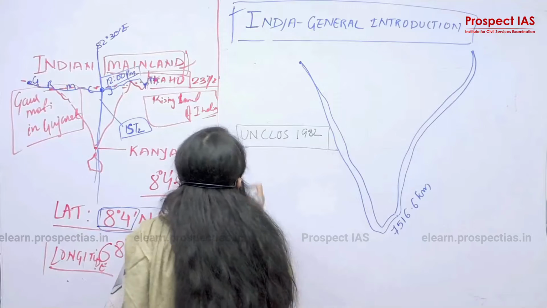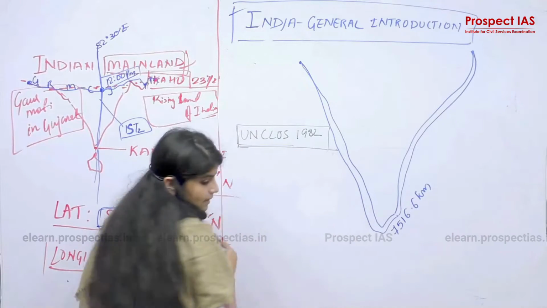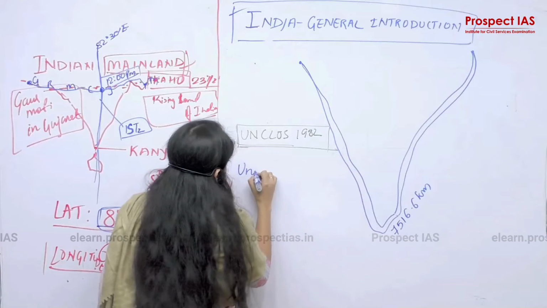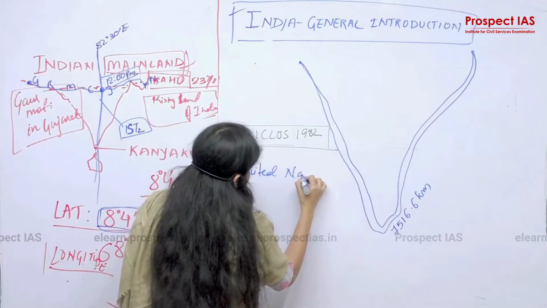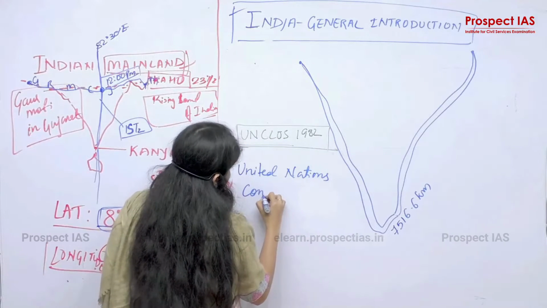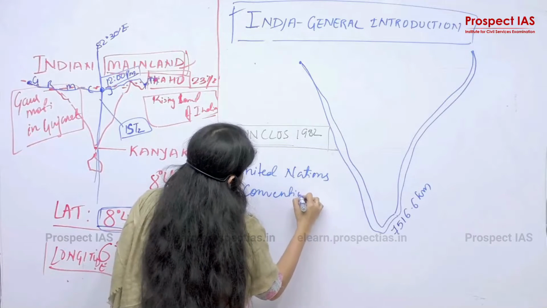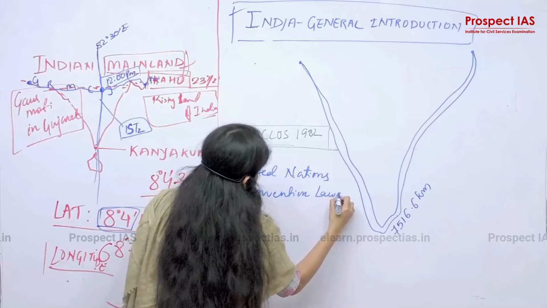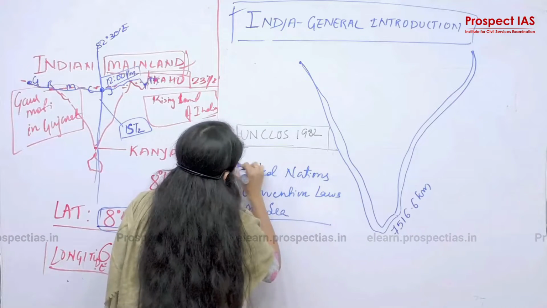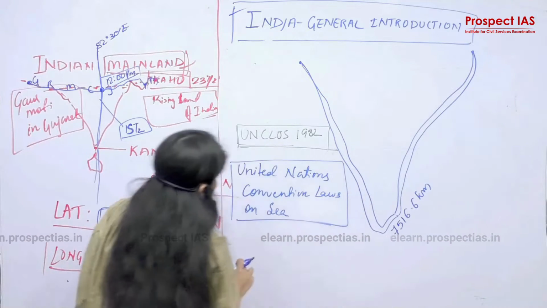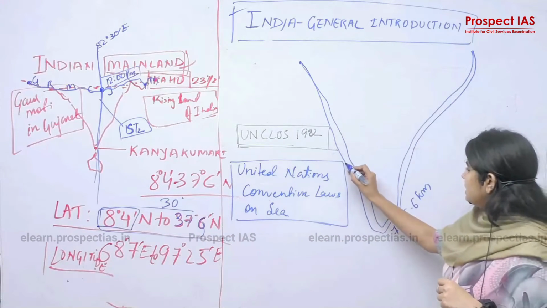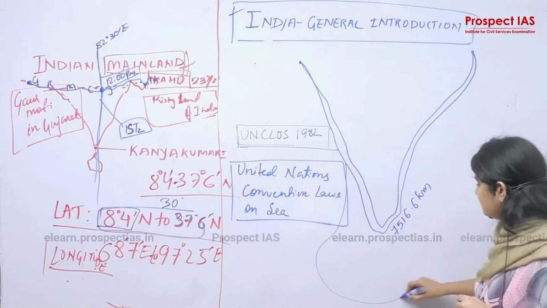So what does this abbreviation mean? United Nations Convention on the Law of the Sea. The United Nations has a wing which decides and puts laws on how efficiently we need to use the oceanic or sea boundary.